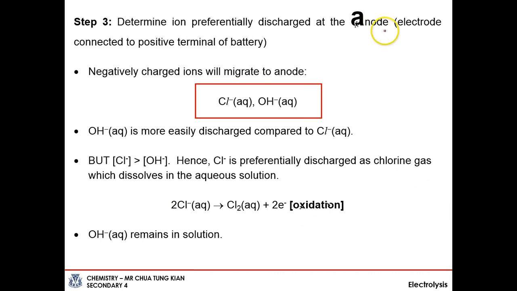The anode is where the interesting thing happens. So once again, we have Cl minus and OH minus migrating to the anode. Typically, we know that Cl minus and OH minus would be preferentially discharged. But in this case, because the concentration of Cl minus is much higher, and Cl minus and OH minus are actually pretty close together in the series.